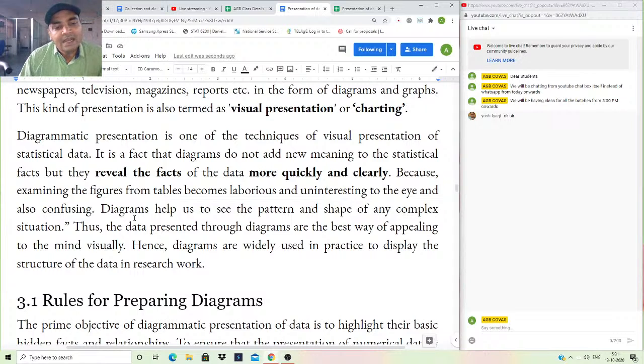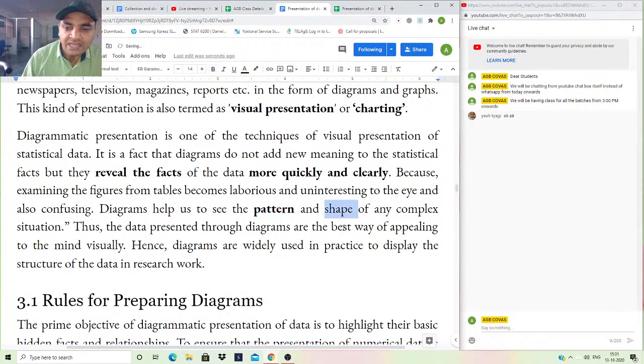So diagrams help us to see the pattern and shape of any complex situation. Thus, data presented through diagrams is the best way of appealing to the mind visually. They are visually very appealing. So immediately you will understand, okay, this has happened, this is greater than this, this is lesser than this, like that. Hence diagrams are widely used in practice to display the structure of the data in research work.